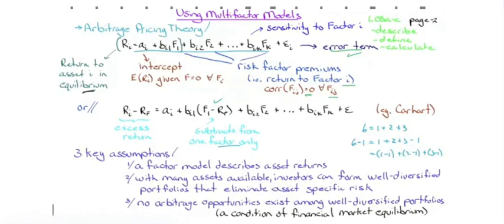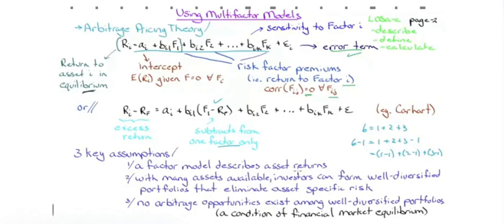For equities, I think it would be difficult to imagine a multi-factor model that did not include the equity risk premium. Let's look at some of the assumptions behind arbitrage pricing theory. And it's a really short list, which sort of makes it appealing. And they're not unrealistic. Number one, a factor model describes asset returns. In other words, we can create a multi-factor model, and it doesn't specify how many factors, it just says one exists. That we can find a model with enough factors that does describe the asset's return.